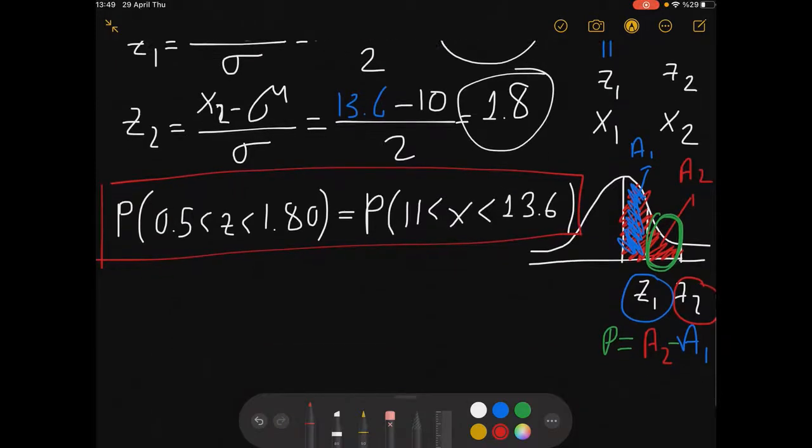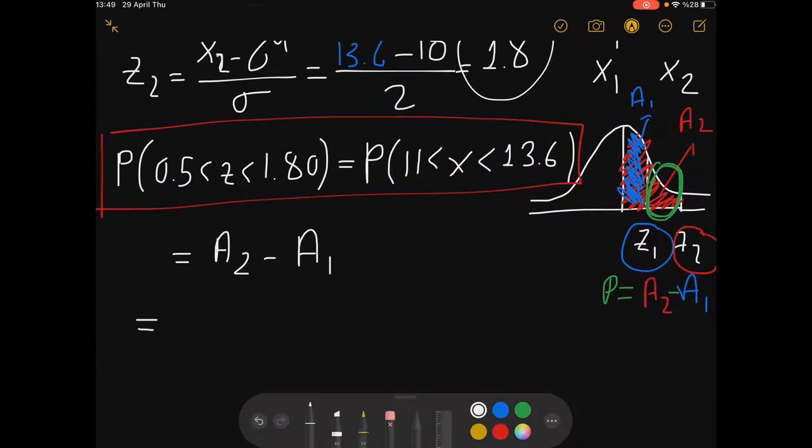This is coming from the definition, and what you need to calculate is the areas A2 minus A1.